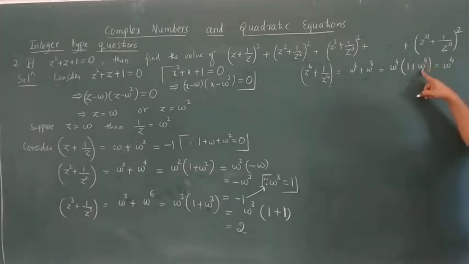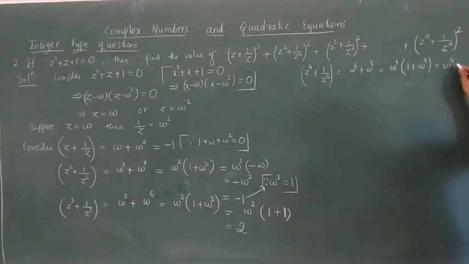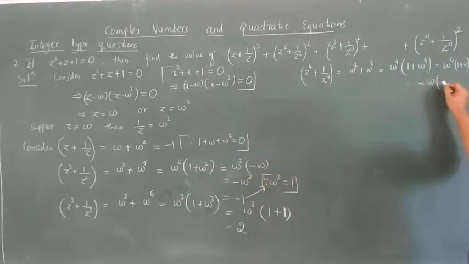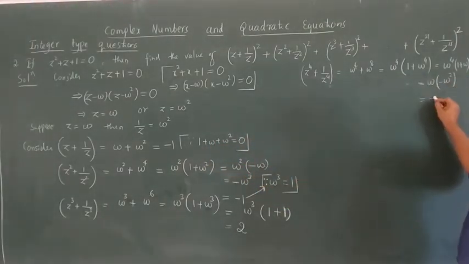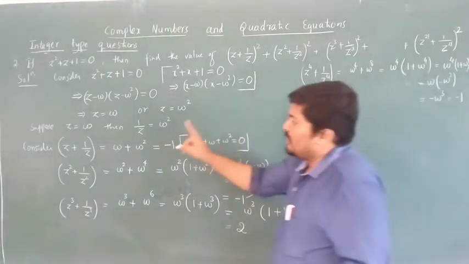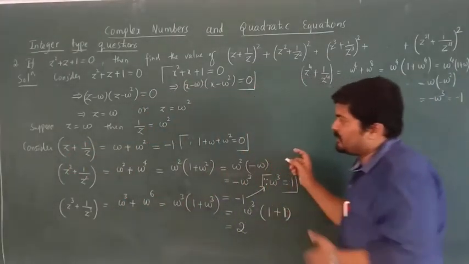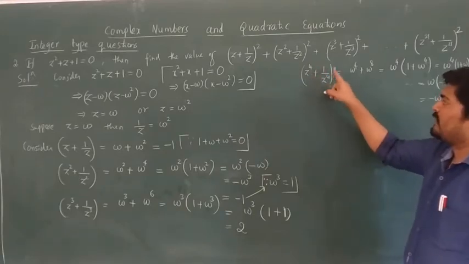Omega power 4 can be written as omega cube into omega. Omega cube value we know is equal to 1, into omega, that is omega. Thus we are left with 1 plus omega, isn't it? Now see here, omega power 4, that is omega. Now here we are having 1 plus omega, that is minus omega square, isn't it? Thus we get minus omega power 3. We know that omega cube is equal to 1. Therefore we are just left with minus 1. That implies z plus 1 divided by z, that expression is the same as z power 4 plus 1 divided by z power 4.